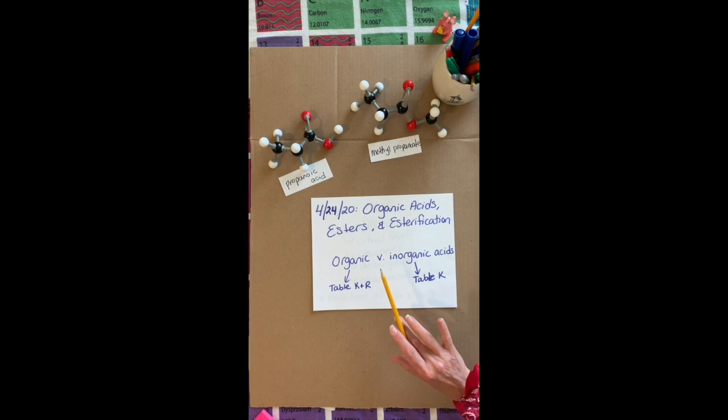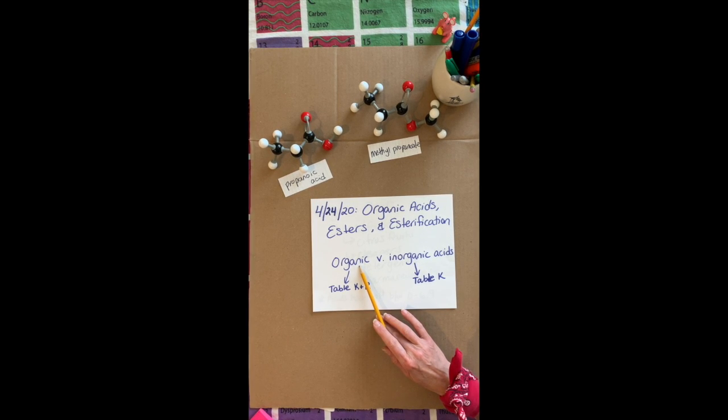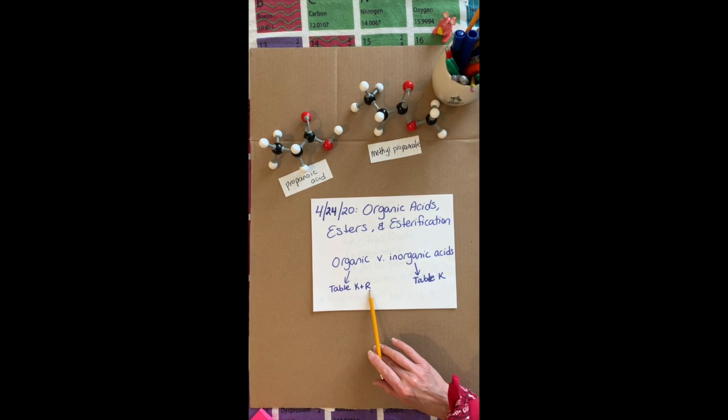Okay, so first of all, let's talk about organic acids. There are actually examples of organic acids that we are focusing on today. Of course, we're going to use Table R as we continue, but some of them are actually listed in Table K as well.